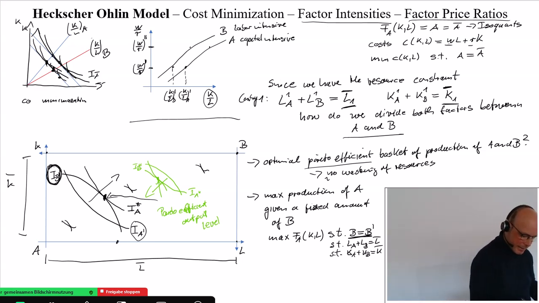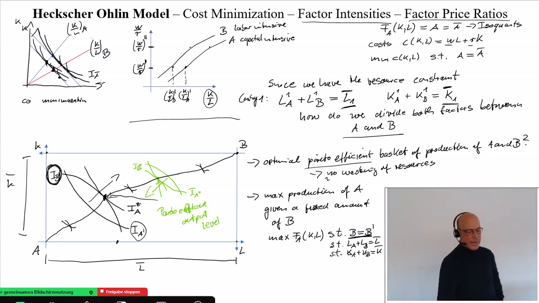And then we obtain the so-called contract curve. The contract curve represents all possible output combinations which are Pareto efficient.